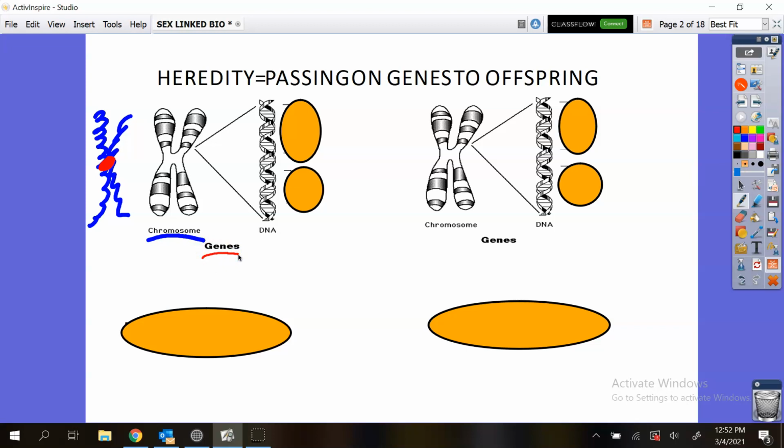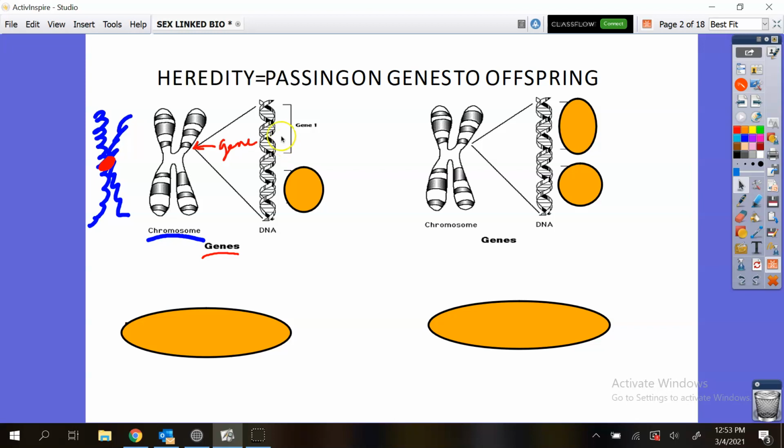Now, just pretend we can uncoil the DNA, just pull out a little piece of thread, and then you would have this DNA segment for this gene right here. Let's say that this region is the gene for earlobes, whether you have free or attached earlobes.